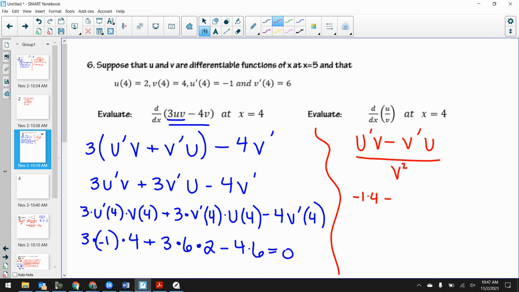Minus v prime of 4, 6, times u of 4, 2. All divided by v of 4, 4 squared. So this is negative 4 minus 12, so negative 16. Hey, negative 16 over 16. That reduces all the way down to negative 1.